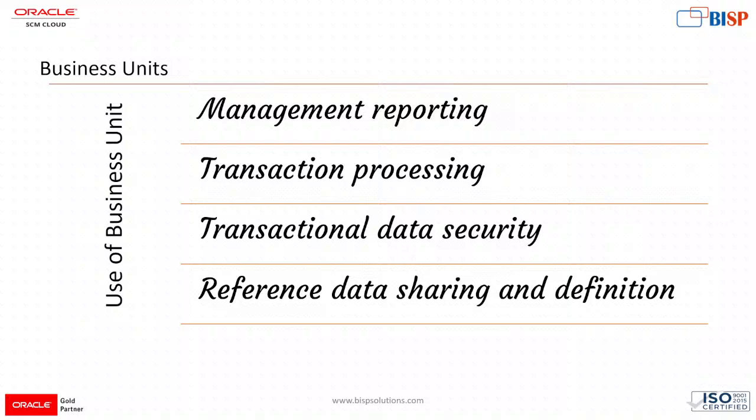So in summary, the business units are used for management reporting, transactional processing, transactional data security, and sharing and defining the reference data. In Oracle Fusion applications, business units are utilized to implement data security. Roles are assigned to the user to authorize specific functions, and business units are assigned to the user to grant them access to the data within those units.